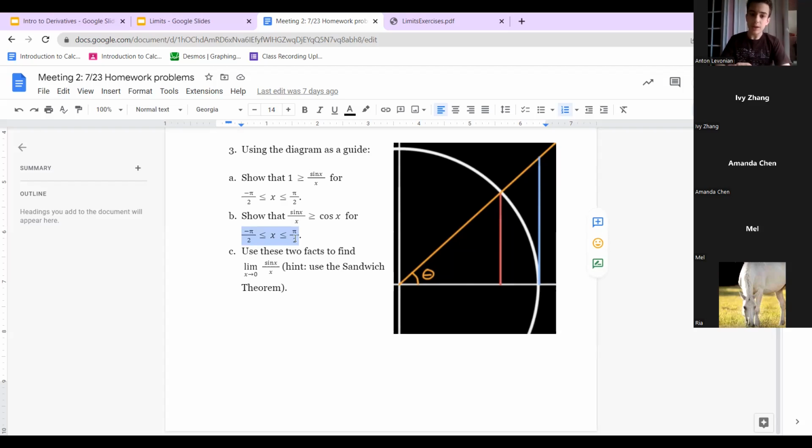And when we take the limit as x approaches 0 of cosine of x, we get 1 also. So we know that this limit right here is bounded between 1 and 1, and so it is also equal to 1.